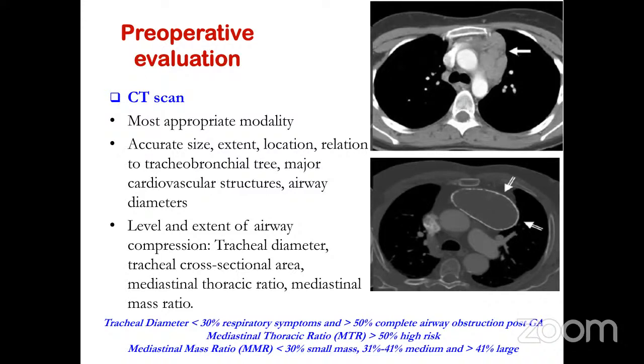If they have more than 50% compression, they will have more issues, specifically leading to complete obstruction of the airway. Mediastinal thoracic ratio more than 50% is high risk, and mediastinal mass ratio less than 30% indicates a small mass, 30 to 40% a medium mass, and more than 40% a large mass.